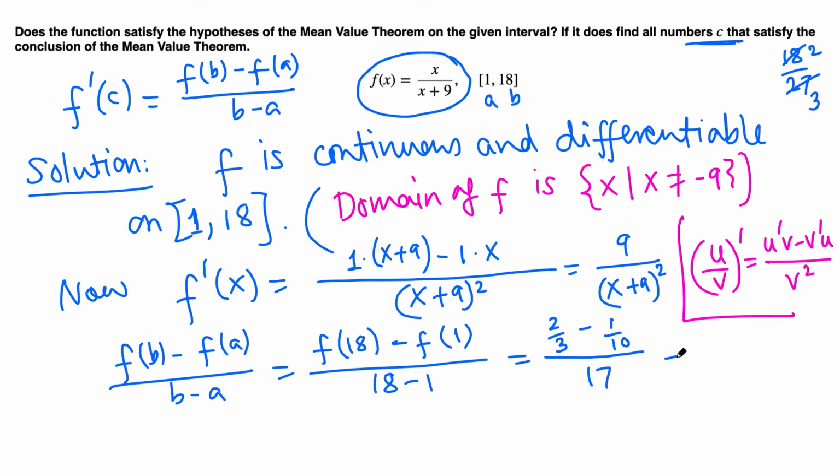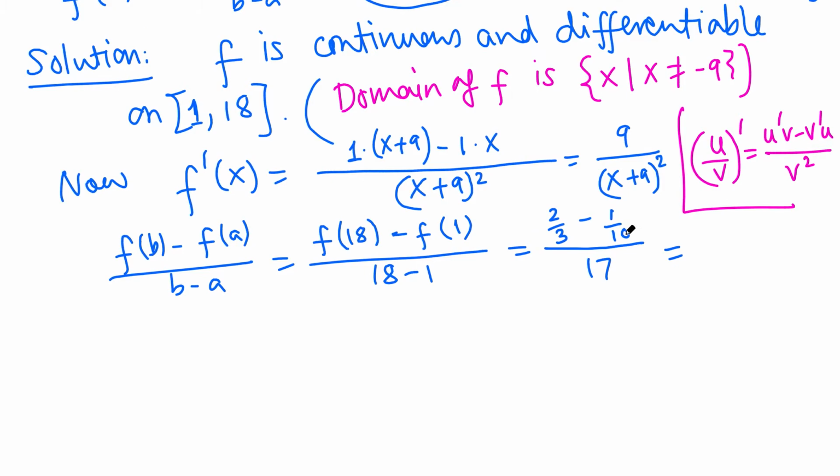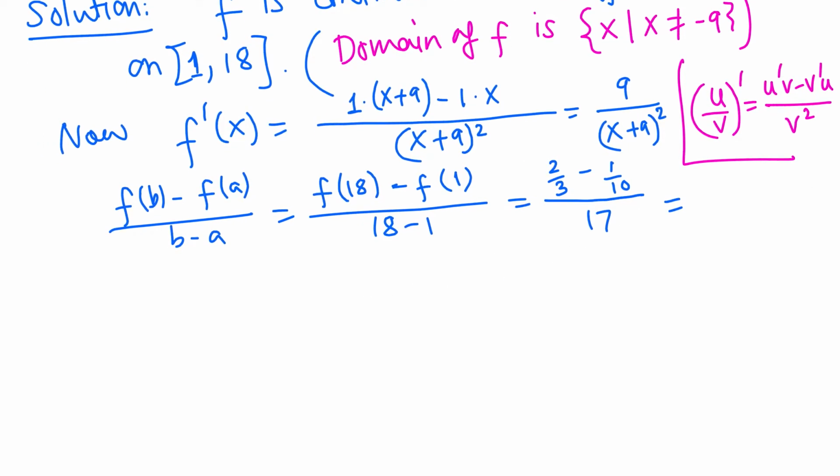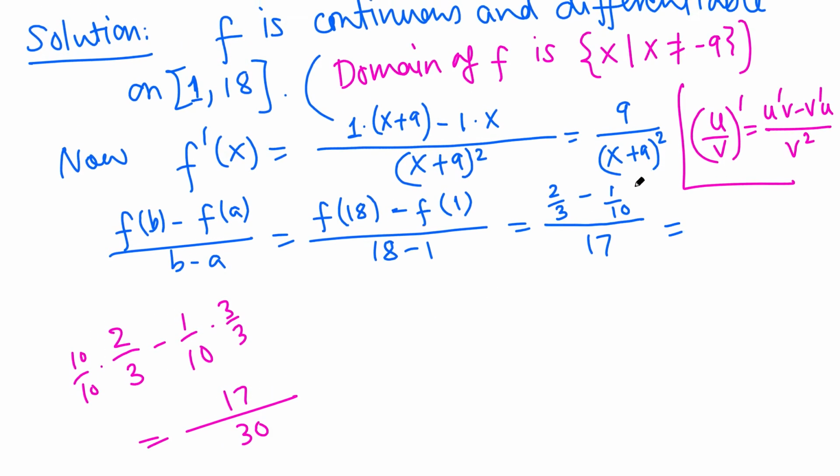Let's combine these two fractions. So 2/3 minus 1 over 10. So we multiply by 10 over 10, and 3 over 3. 10 times 3, 30 is the common denominator. 20 minus 3, 17 over 30.